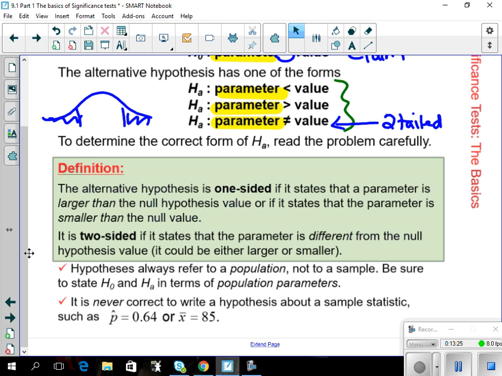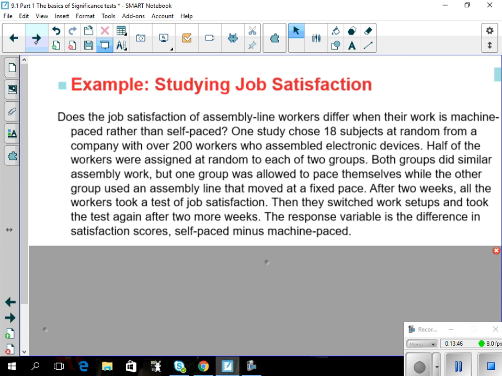It's often a multiple choice question, hint, hint, wink, wink, where you will see which are the correct null and alternative hypotheses for this situation, and they'll be written in terms of the statistic. Cross those out. You know they can't be right. Either mu or p. Good?